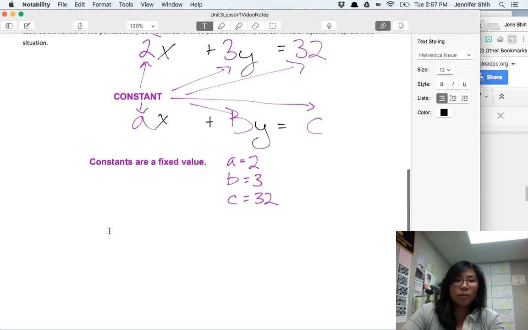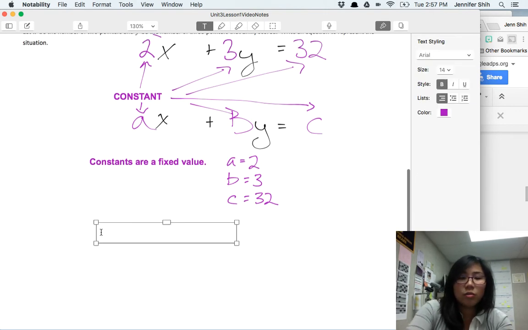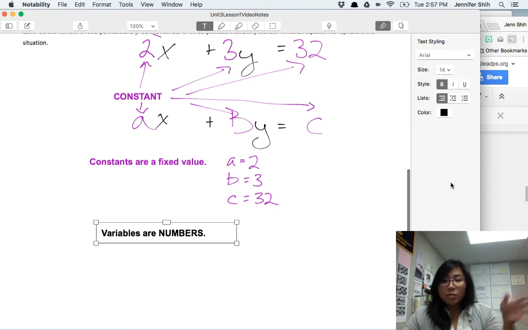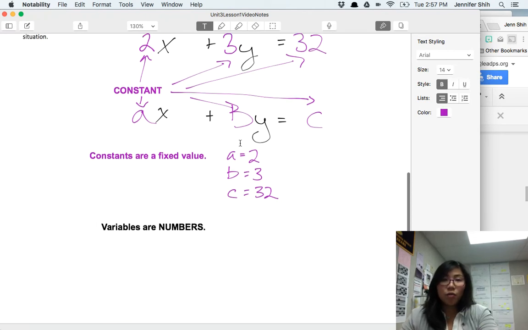X and Y are going to be your variables. Variables are numbers. We are going to substitute numbers in for our variables.